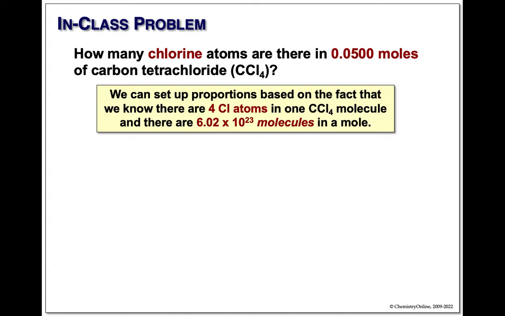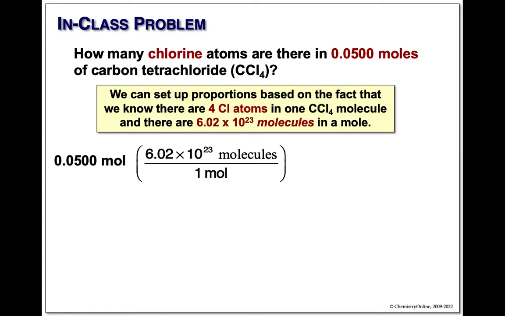Our given here is going to be our 0.05 moles. We have two ratios. One is 6.02 times 10 to the 23rd molecules in a mole. And the second one is 4 chlorines in 1 molecule.